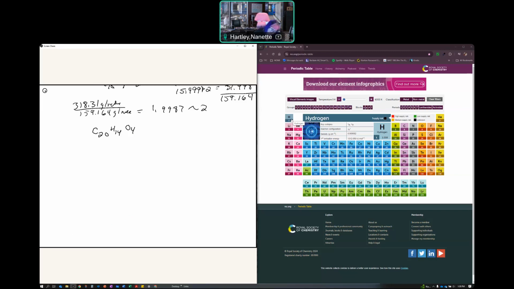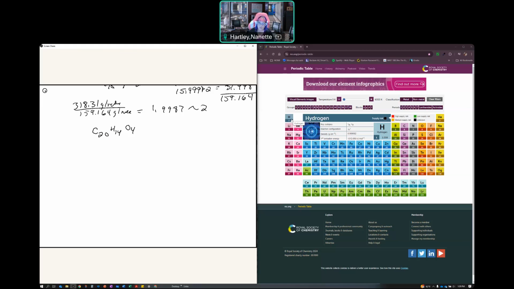And if I calculate that molecular weight, so 12.011 times 20 plus 1.008 times 14 plus 15.999 times 4, I end up with 318.3 when I calculate. Okay, so that's consistent with what I was given.